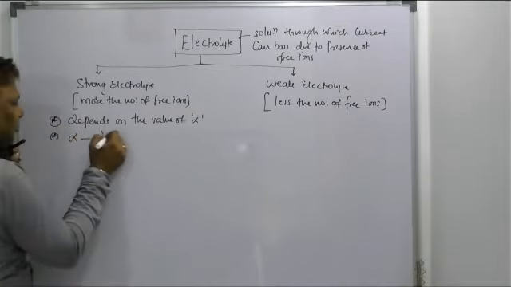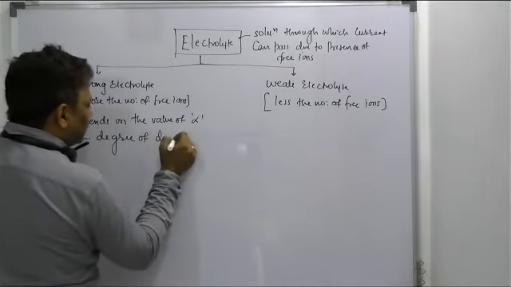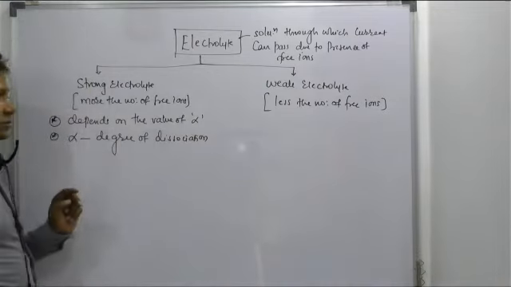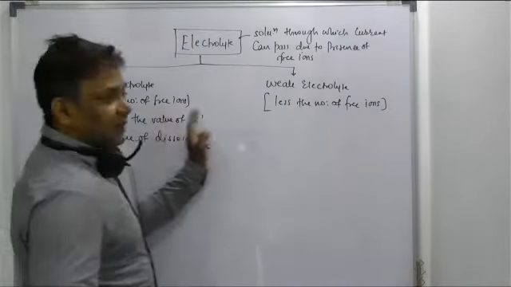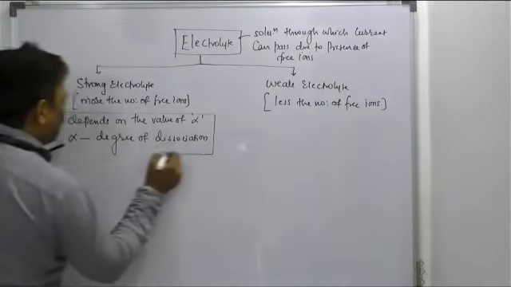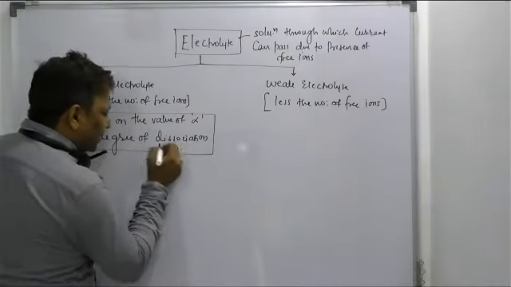Beta, alpha is called the degree of dissociation. Greater or lesser number of ions is decided by the value of alpha. You can say, beta, it is DOD.